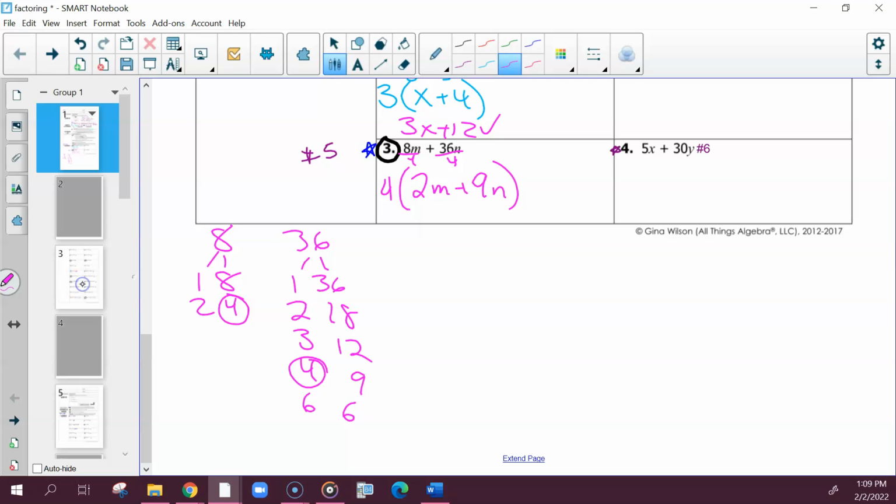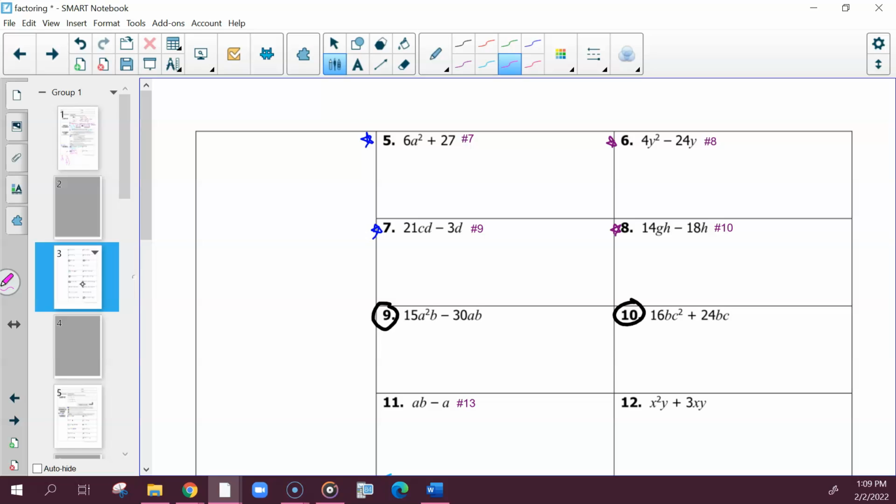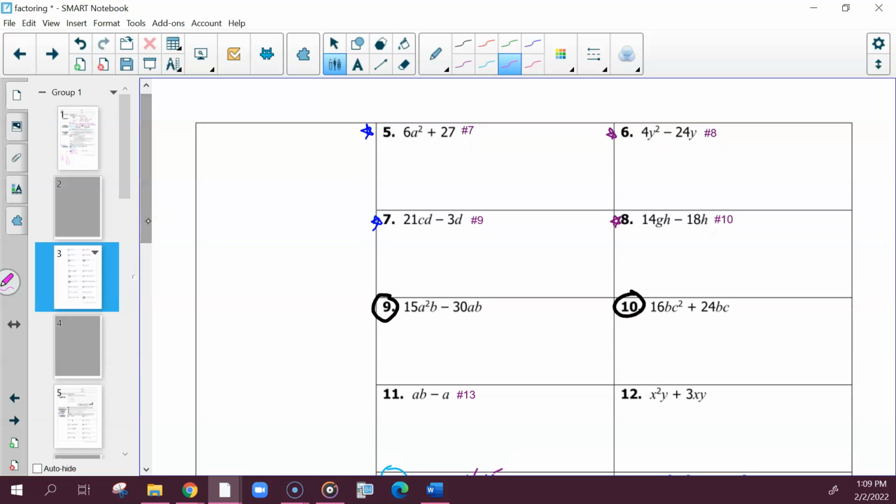Let's move on to the back. Let's do number 5. What is a number I could divide out of both? 3. So if I were to divide 3 out of both.